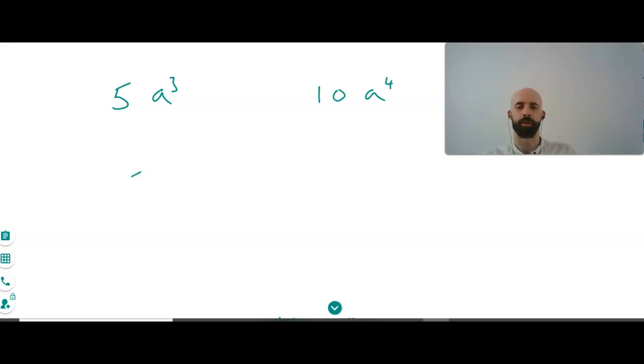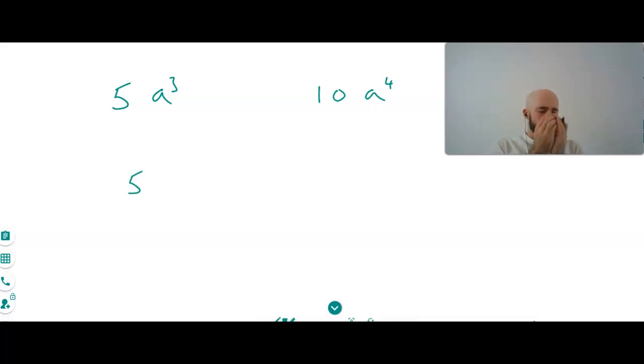So my common factor would be 5. So I'll put that on the outside. In terms of my letters, I've got A cubed there, A to the 4 there, A to the 6 there. Common factor is going to be A cubed, because that's going to go into all of them.